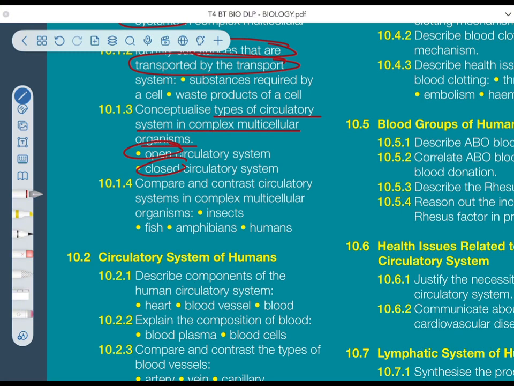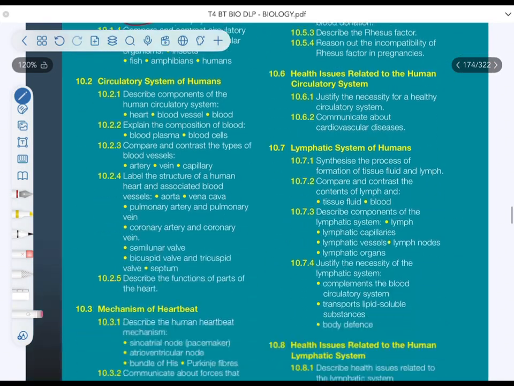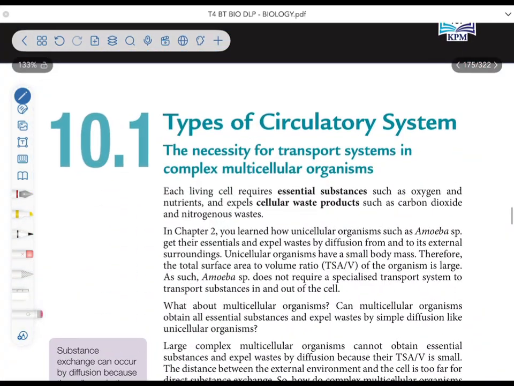After we study the circulatory system in complex organisms such as insects, fish, amphibians, and humans, we are also going to look at the similarities and differences. So let's get started, 10.1 types of circulatory system.